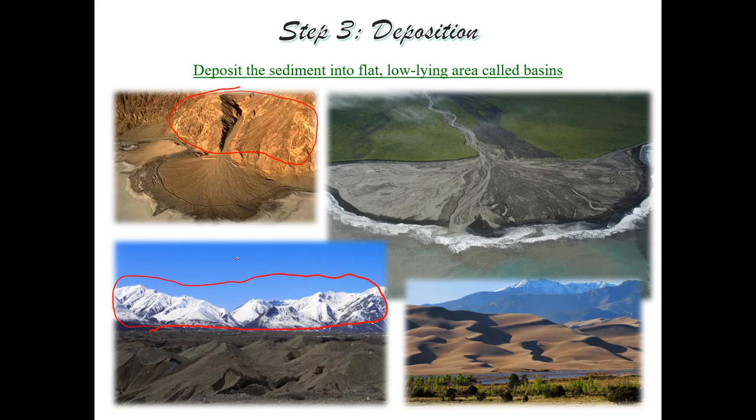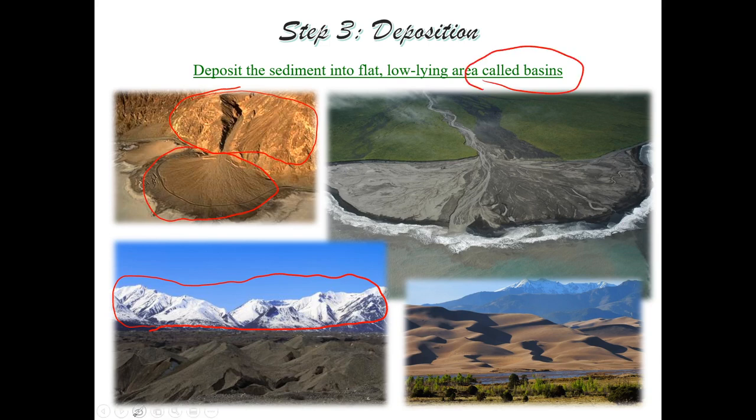You usually don't have active erosion going on anywhere. All the bedrock is covered up and protected from the elements by layers of soil and sediment. But places that are high in topography are going to expose those rocks to erosion, and that eroded material forms sediment, and the sediment's going to get deposited in these low-lying areas called basins.